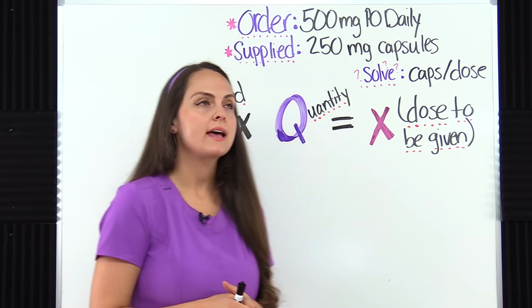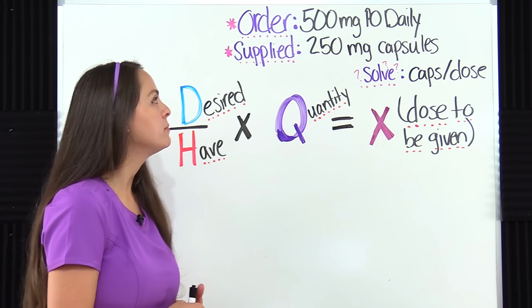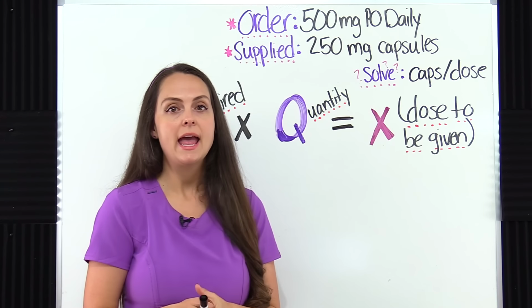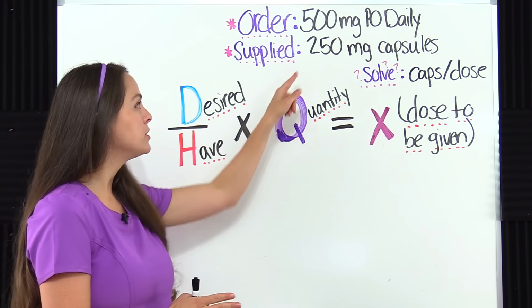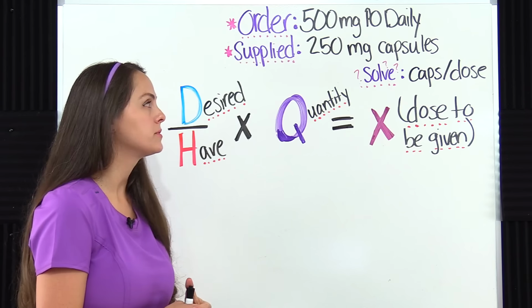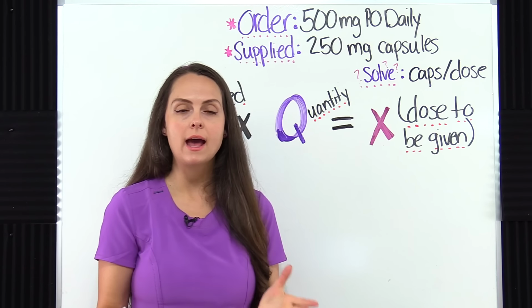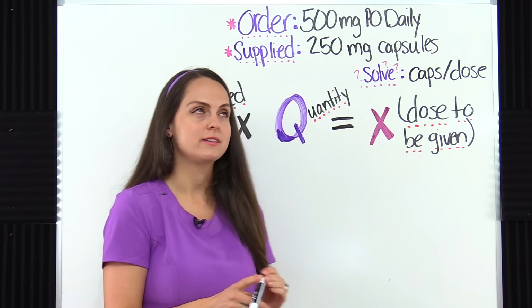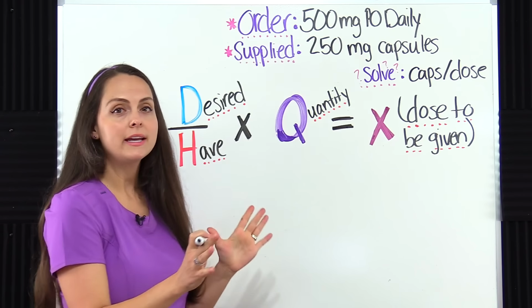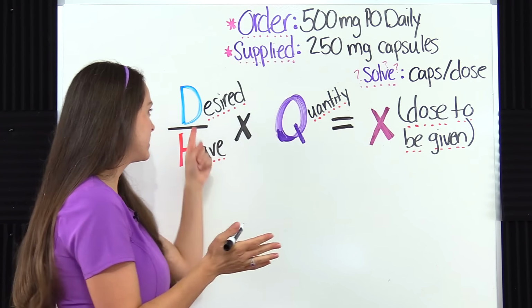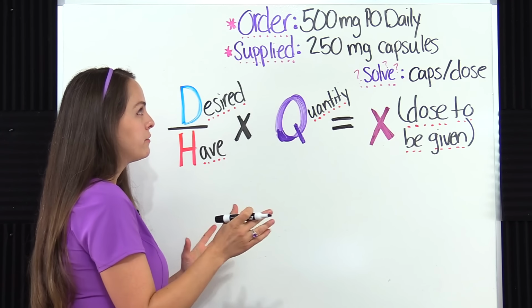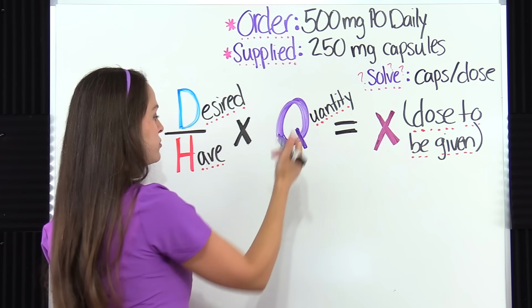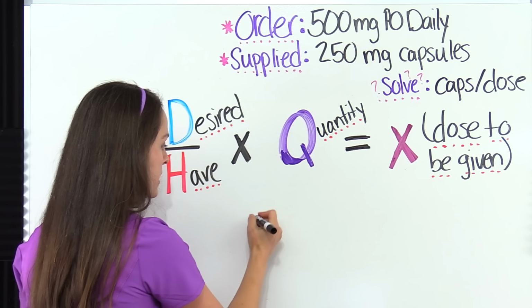Our problem says that the physician has ordered 500 milligrams by mouth daily, and we are supplied with 250 milligram capsules. So we need to solve for how many capsules we are going to give per dose. Let's plug this information into this formula to solve. The first part we need to plug in is the desired part, the D. It's desired for the patient to have 500 milligrams. That is our dose that is ordered.